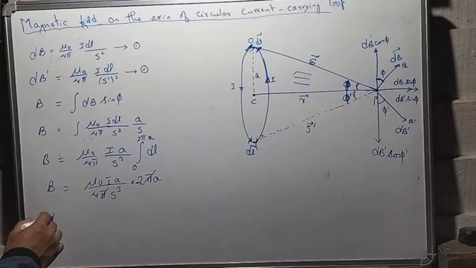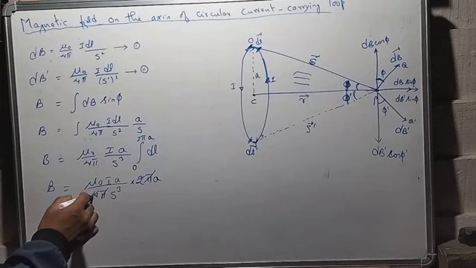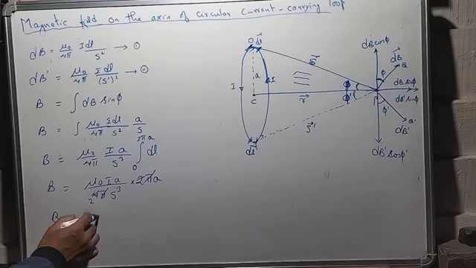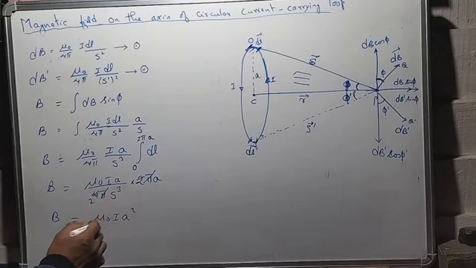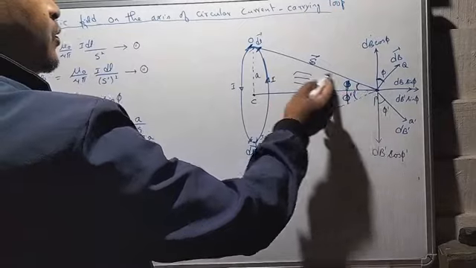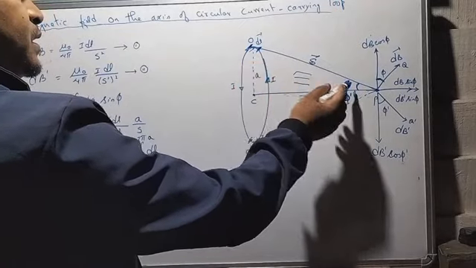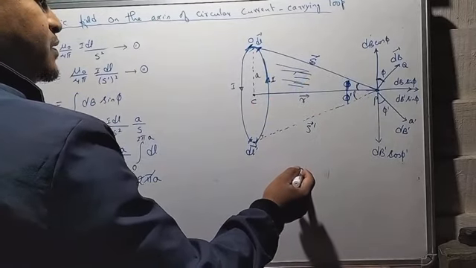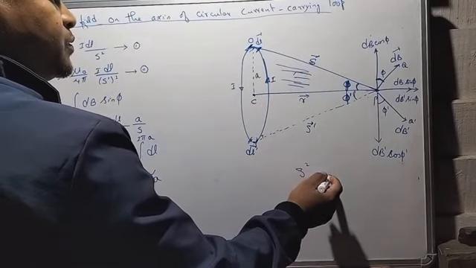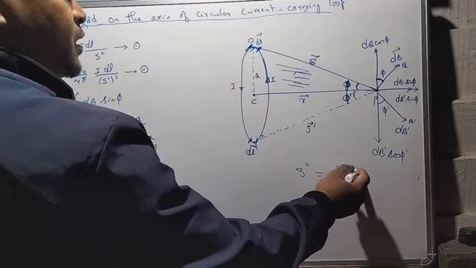So my B here, even this 2 and this 4 can be cancelled. So my B becomes mu naught I a with a is a square upon 2s cubed. Now how much is s? Again, look at the figure. If you consider this right angle triangle, then by Pythagoras theorem, s square is equal to a square plus r square.